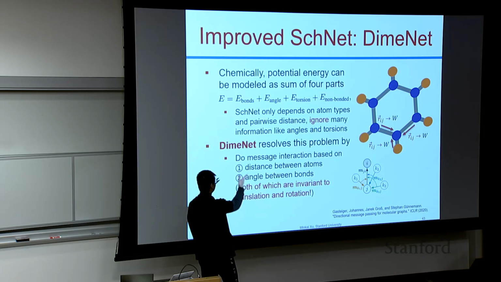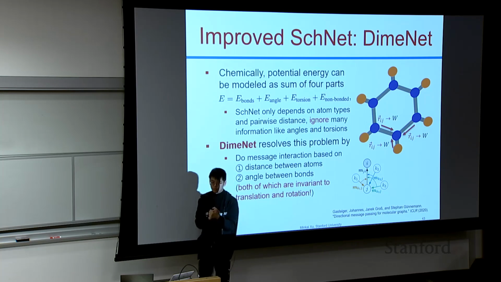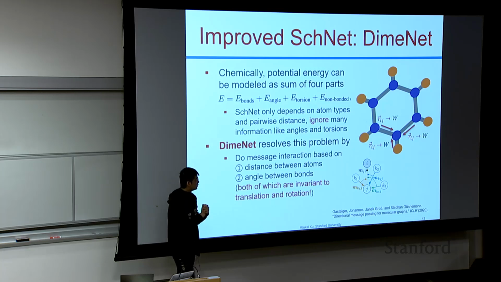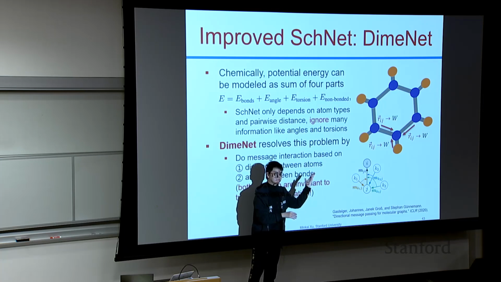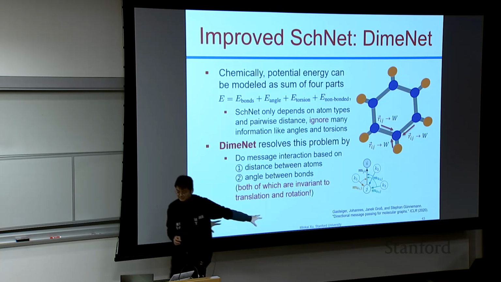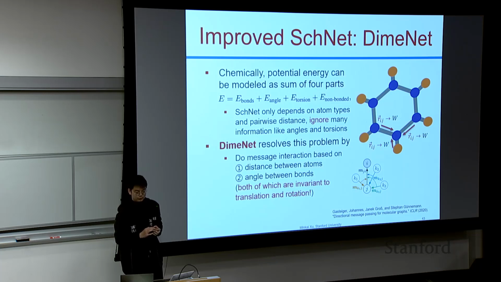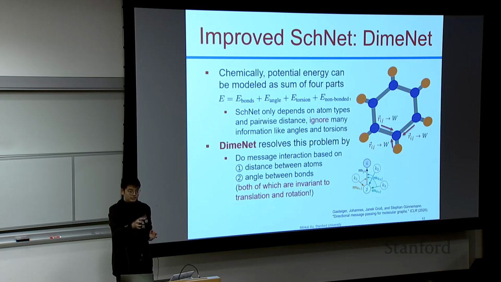So the high-level idea of DimeNet is, in addition to distance, to consider some other quantities, and they incorporate angle into the message passing. I don't want to dive into the details. You can just think there is also some angle that I can somehow make into the edge embedding for message passing. And the output is still invariant, because no matter how you rotate and translate, distances and angles all stay the same. We usually call them internal coordinates, so they never change.